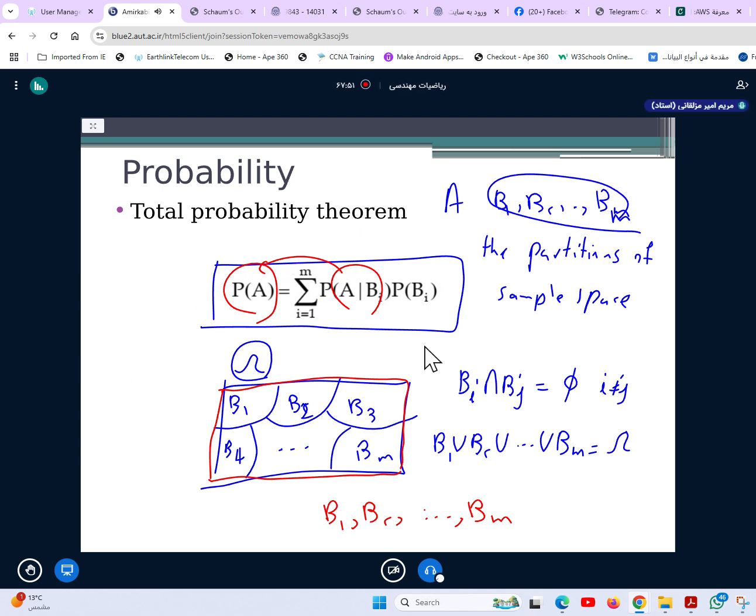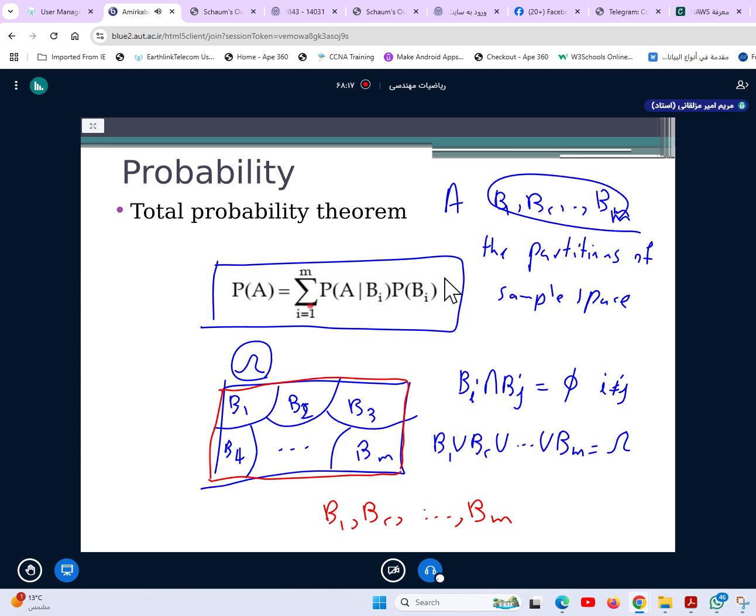This is the application of this formula. But let's talk about the proof of this formula.